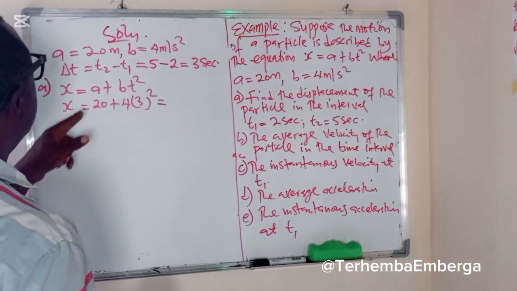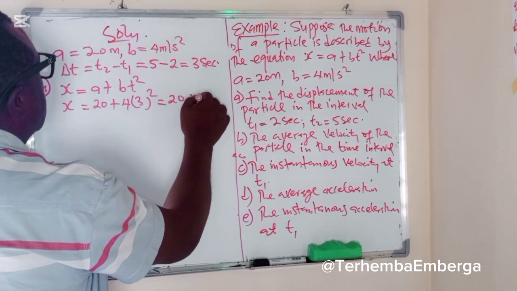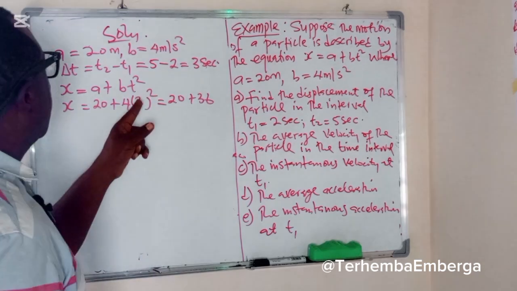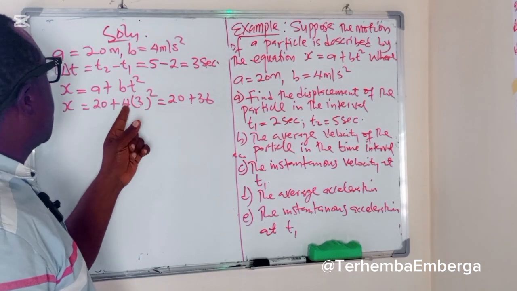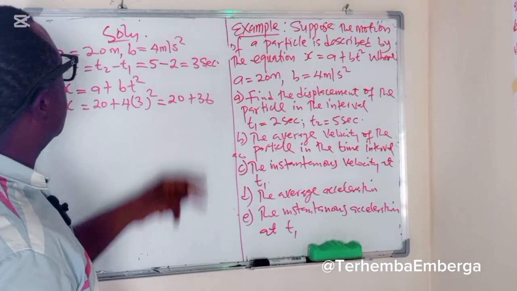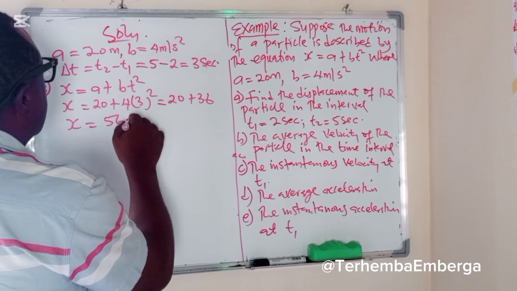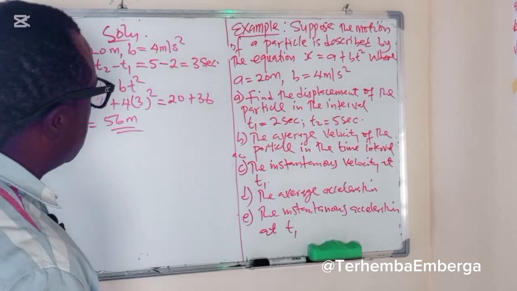So this is equal to 20 plus 36, because 3 times 3 is 9, times 4 is 36. If you add that up, x will be equal to 56 meters, which is the displacement.